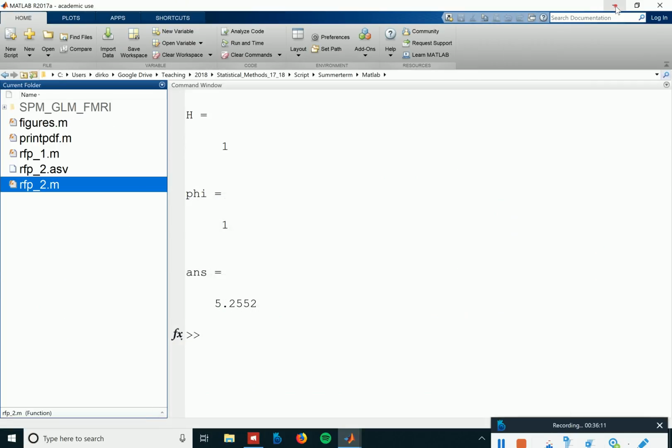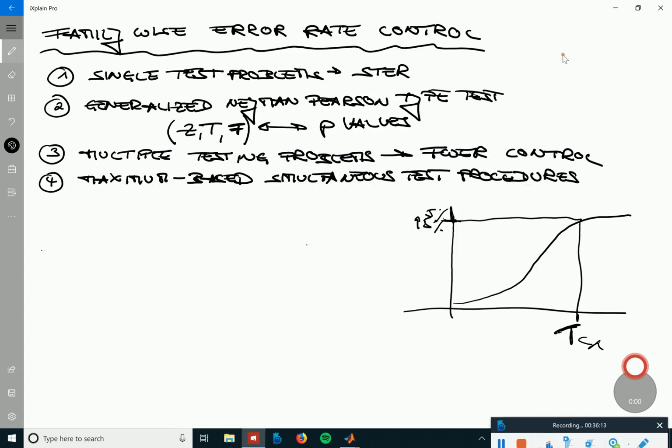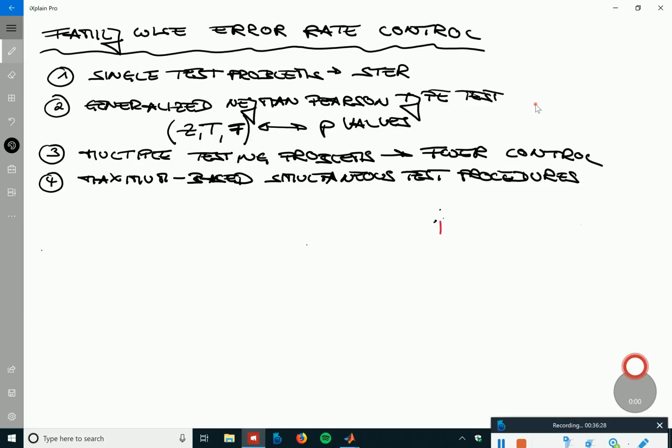Good. Then, after this reminder, to which we will, of course, also come back and now have a reference, let's talk about single test problems. But before that, we have to introduce the notion of a parametric statistical model.